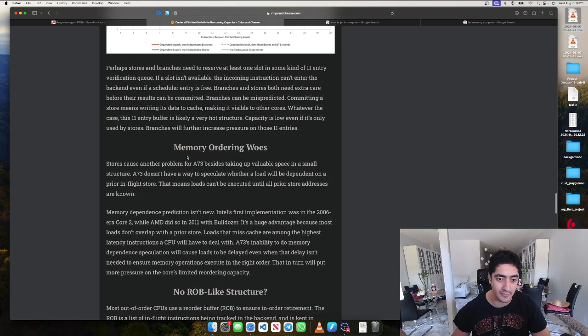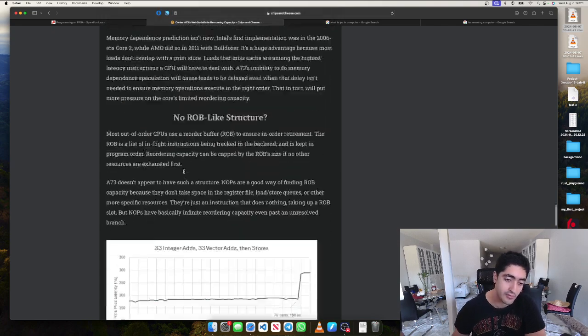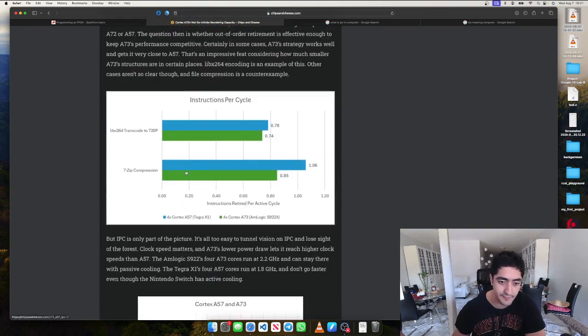What else? Memory ordering rules. Stores cause another problem for A73 besides taking up valuable space in a small structure. A73 doesn't have a way to speculate whether a load will be dependent on a prior in-flight store. That means loads can't be executed until all prior store addresses are known. Alright. I see.